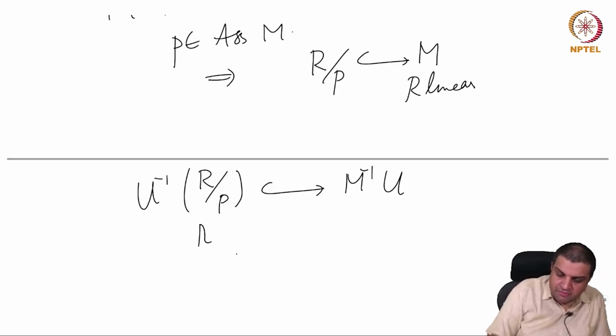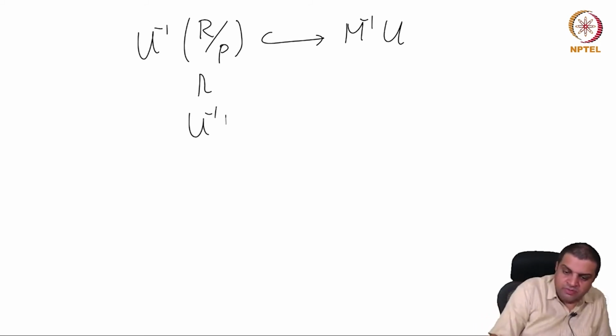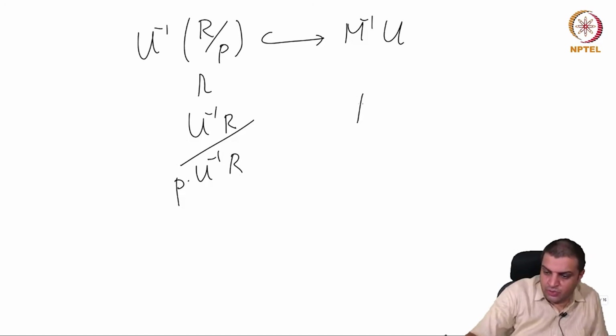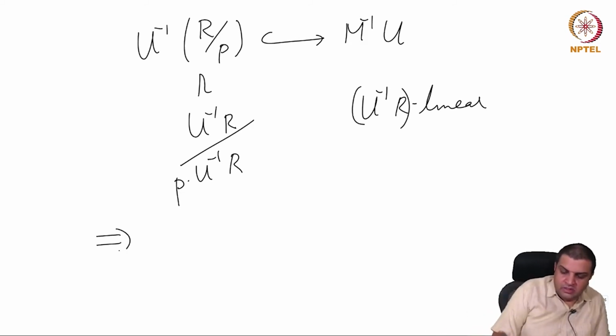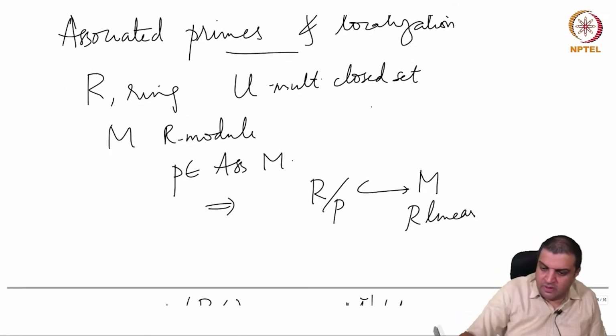This is isomorphic to U inverse R mod P extended to U inverse R. Okay. So this is U inverse R linear. So in other words, we should assume in this situation U does not intersect P.